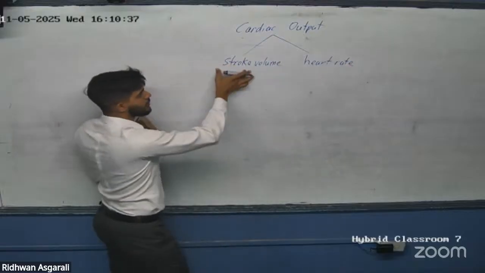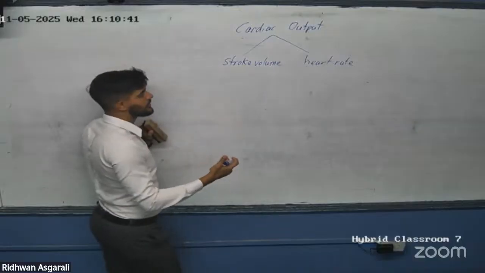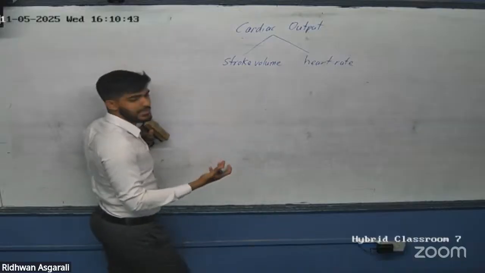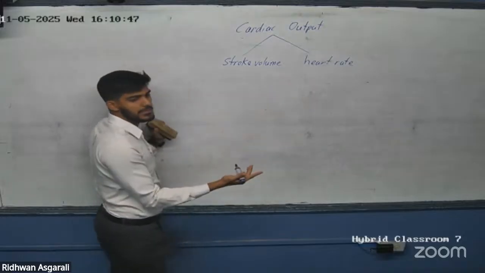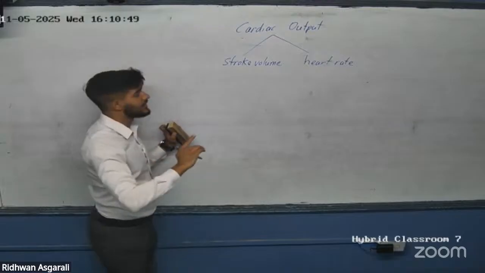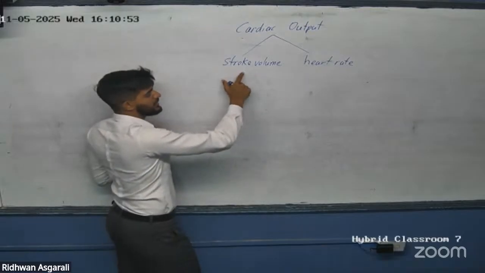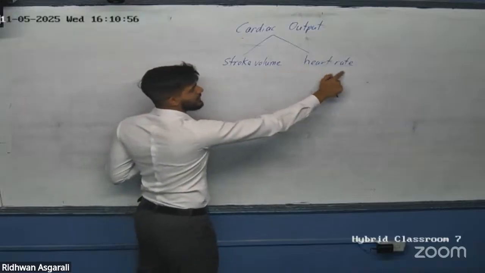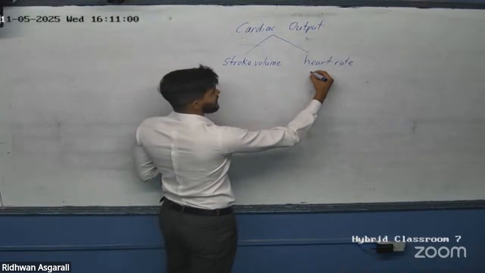Right, so stroke volume simply refers to the volume of blood produced per stroke or per beat of the heart. Your heart rate is the amount of beats of the heart per minute. Right, it's not the same thing. This is a measure of volume per beat. This is a measure of beats per minute. So it's going to be units for them. That should help you all remember.